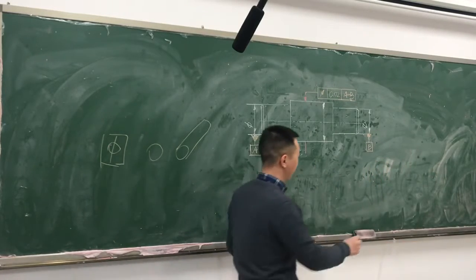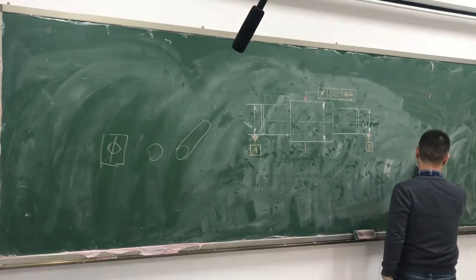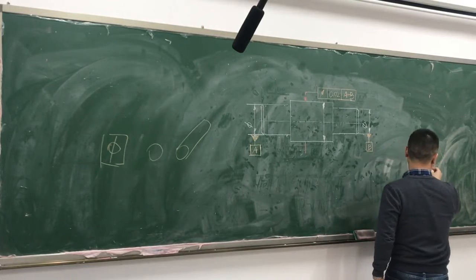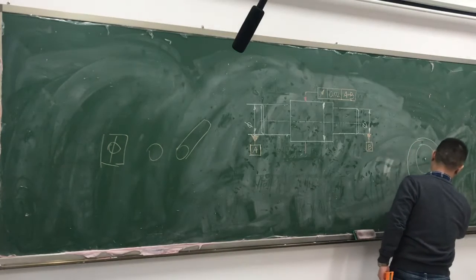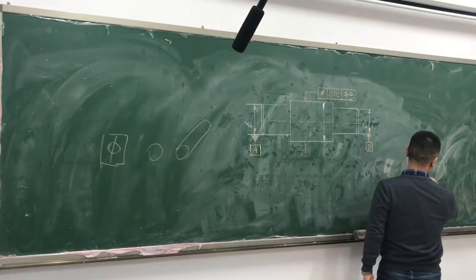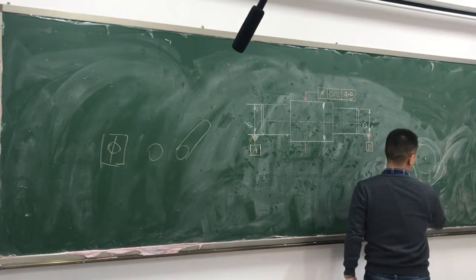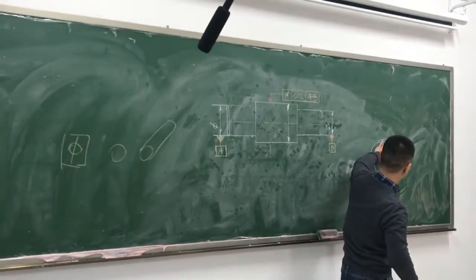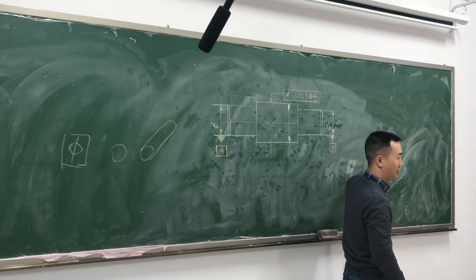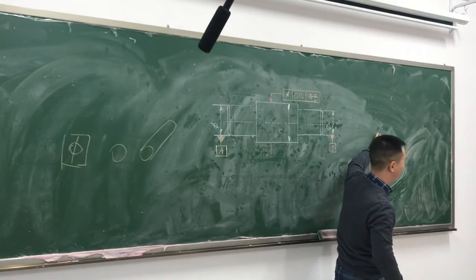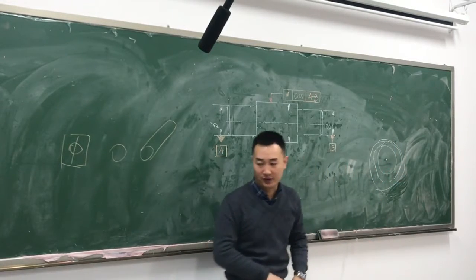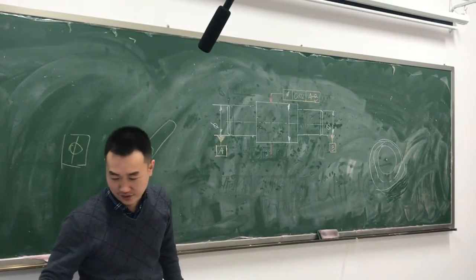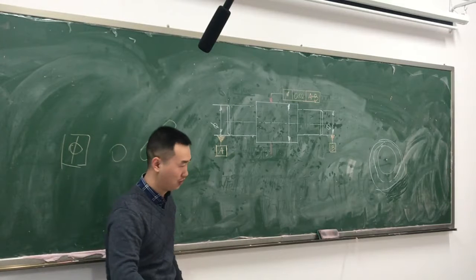That means the tolerance zone is the area between two circles. So the tolerance zone is not a circle. It's the space between two concentric circles. So you should not put a phi here, and you can find the example in your book. Okay.